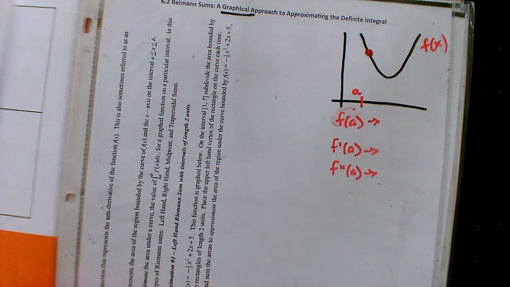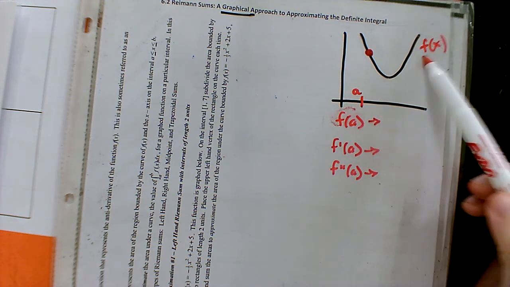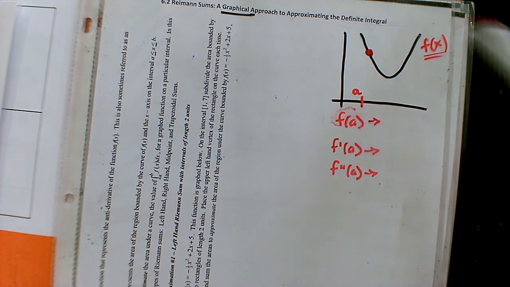If I had an equation, which I don't here because I have a graph, and I plugged in a into that equation, what would that tell me about the graph of f of x at a?